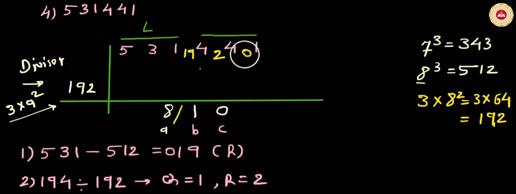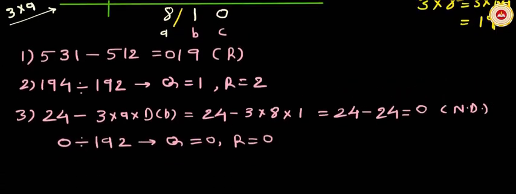We know that we cannot divide this gross dividend 01 directly by 192. For that, what do we do? We calculate net dividend. Now for evaluating fourth digit, what do we subtract from this gross dividend to get net dividend? Just a minute. Let me write step number 4 first.